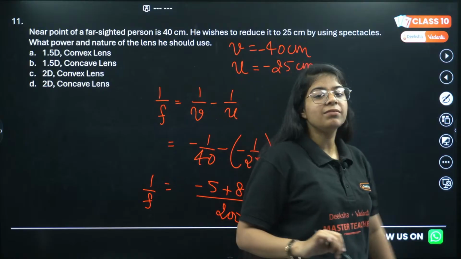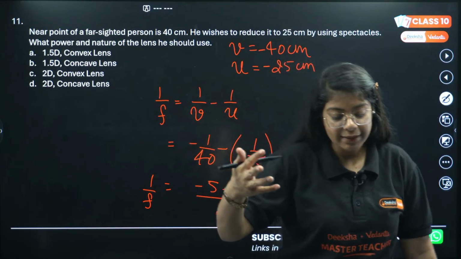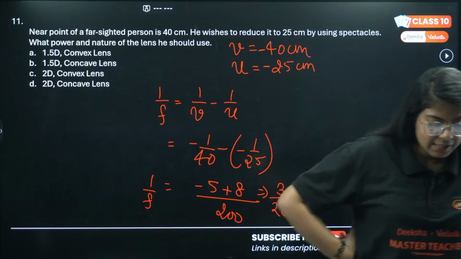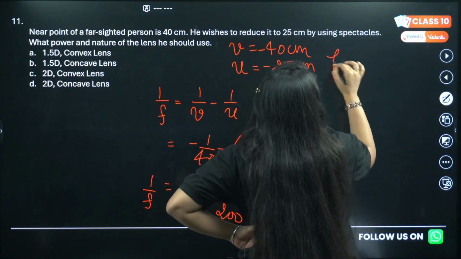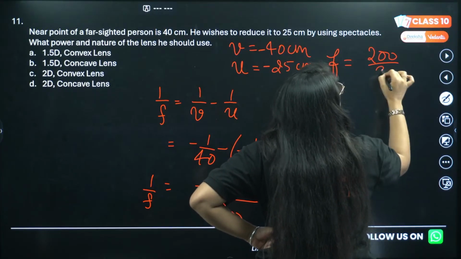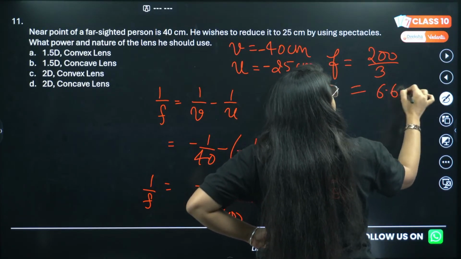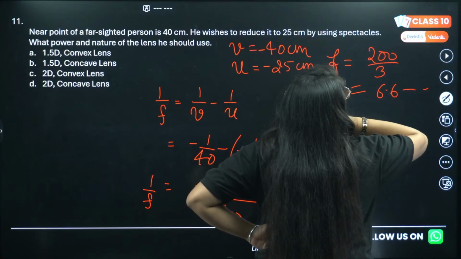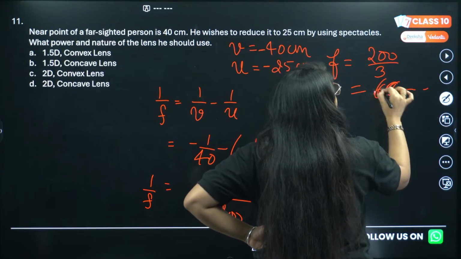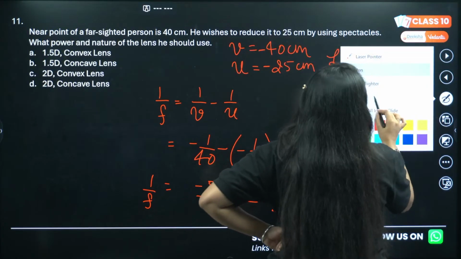So focal length will be 200 by 3 now. Correct? Okay, everyone has these answers. So focal length is basically 200 by 3, and that will be 66.666.